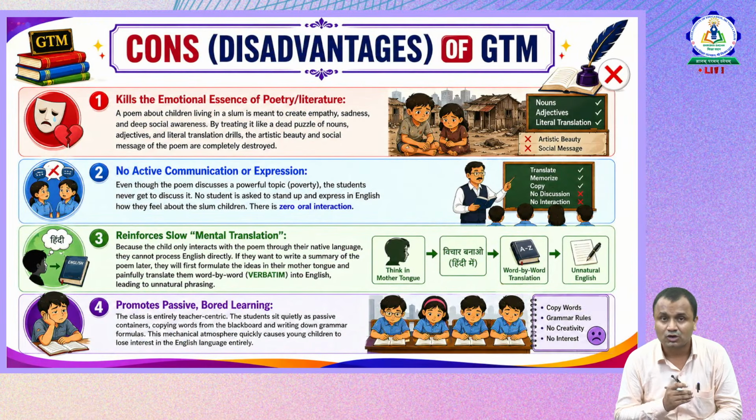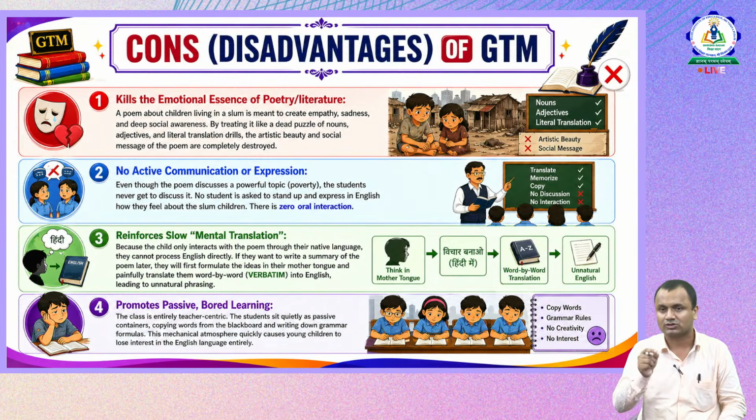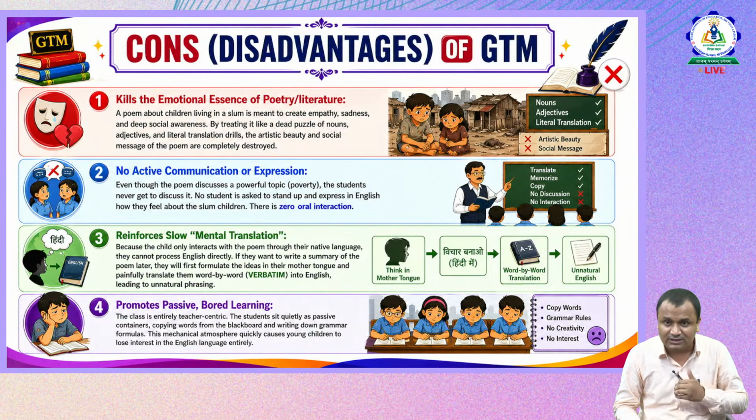Now, what are the cons or disadvantages of GTM? The most important aspect of literature, the poem or the story, whatever content we want to teach, the most important core or the soul or the central theme or idea is to convey the emotional essence, to transfer those particular values to the student.